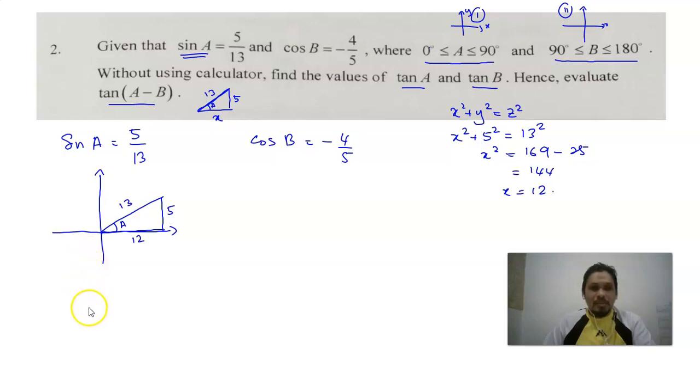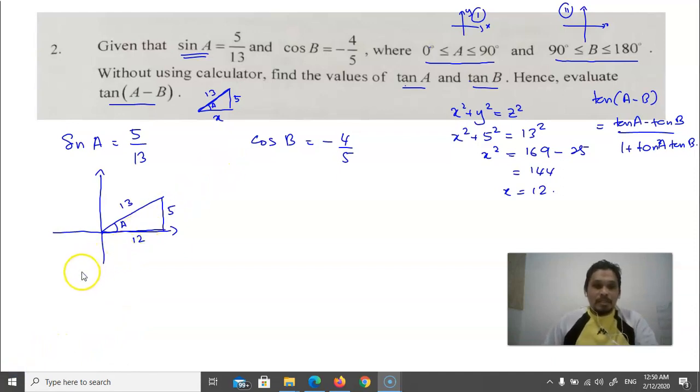I don't think so, because it is stated in the question to find the values of tangent A, tangent B, and then evaluate tangent A minus B. So for tangent A minus B equal to tangent A minus tangent B divided by 1 plus tangent A tangent B. Okay.